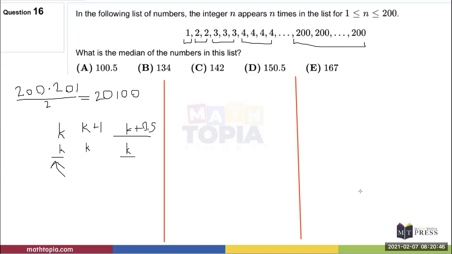Basically, this k right here has to be the 10,050th number, right? So now here's the thing. Let's say that this number would be the k times k plus 1 over 2 number in the list, right?